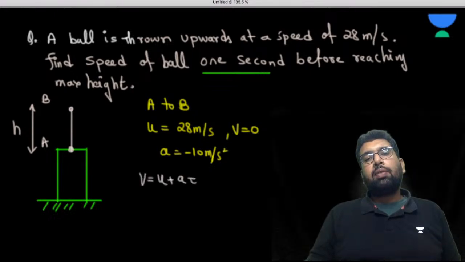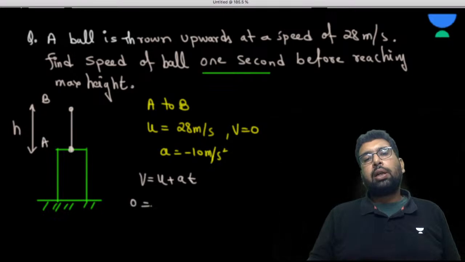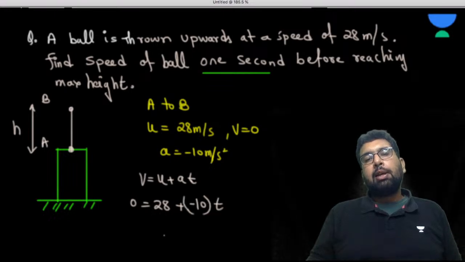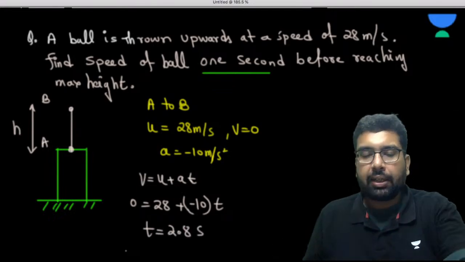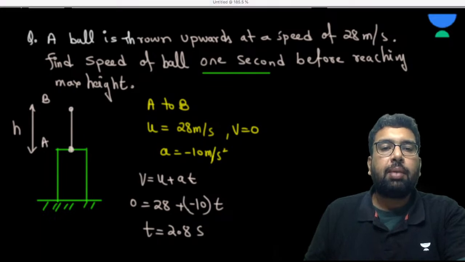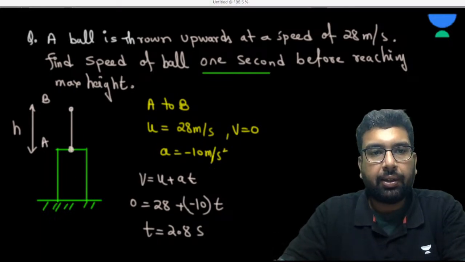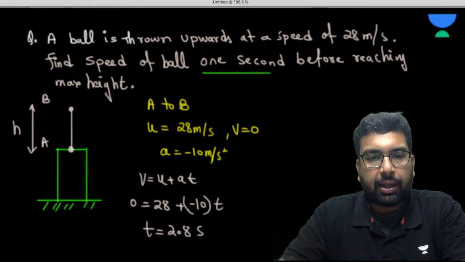So final velocity is 0, this is 28, this is going to be plus of minus 10, this is going to be t. So basically it took 2.8 seconds to reach the maximum height.